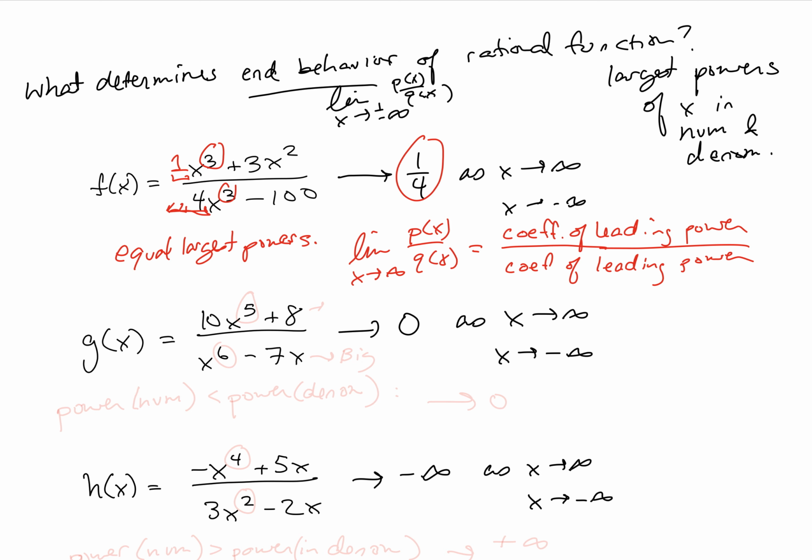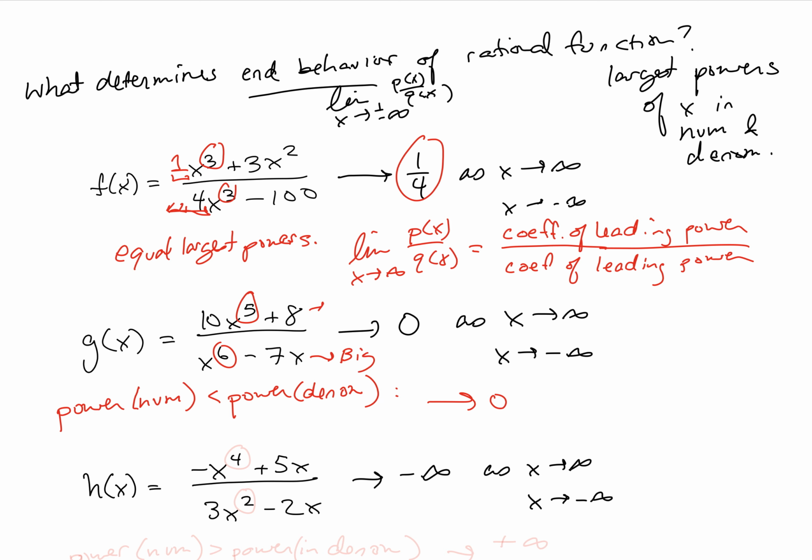If the leading power in the numerator is less than the leading power in the denominator, then this is always going to go to 0, because as x is going towards infinity, the highest power basically wins. So this is getting big faster than that is getting big.